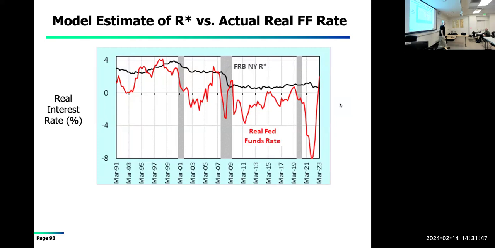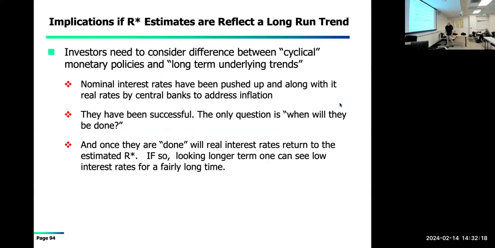This is one I've shown you before. This is their estimate, out of the New York Federal Reserve, of what R star is. And what it implies is, if that's a guide to policy compared to where it was going back 30 years ago, if they really believe in this, then you're talking about potentially returns to lower interest rates, not generated by a recession.